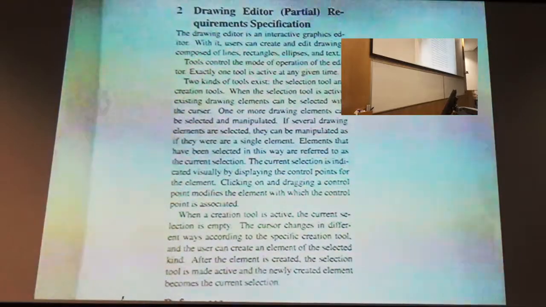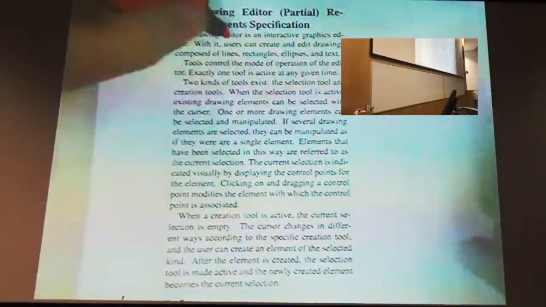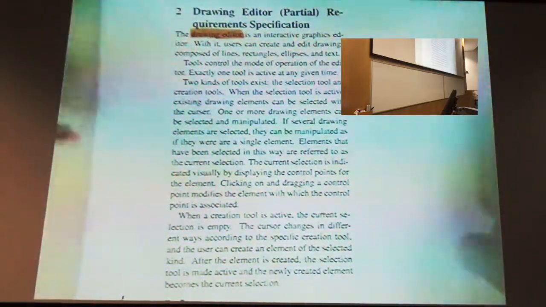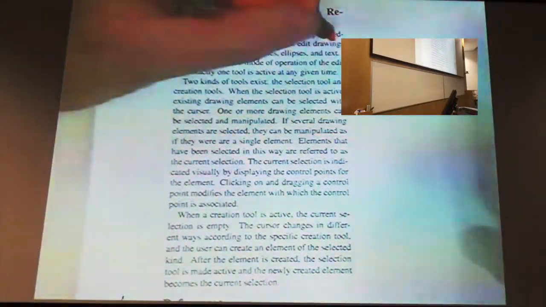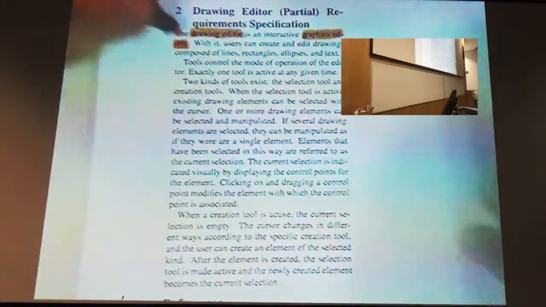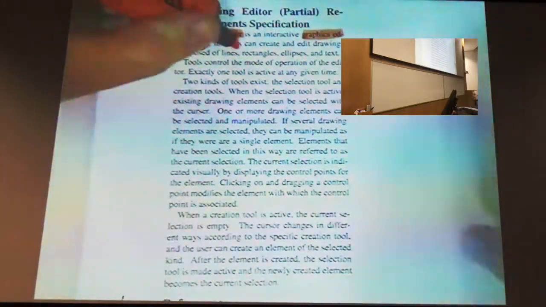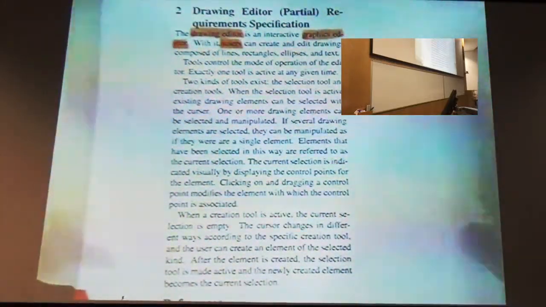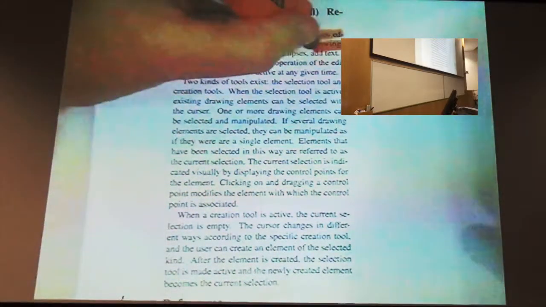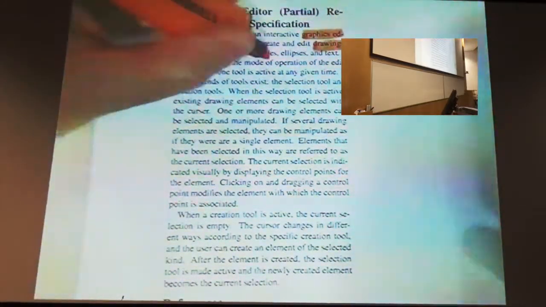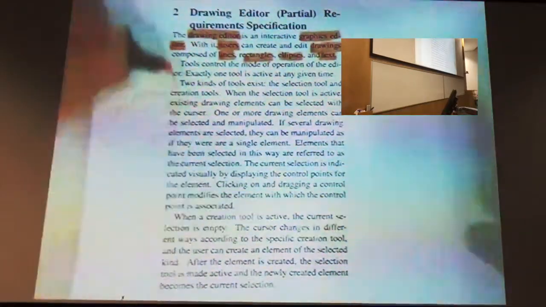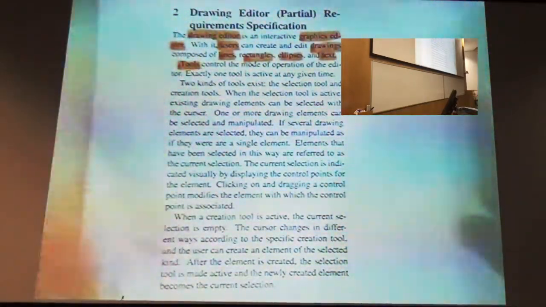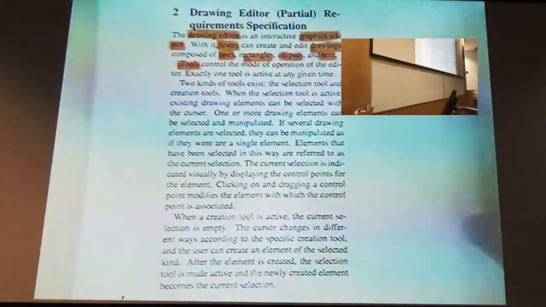So I'm going to highlight the nouns. The first noun I see is drawing editor. The next one I see is graphics editor. Then I see users. Then I see drawings, lines, rectangles, ellipses, text. Then I see tools, control the mode of operation.